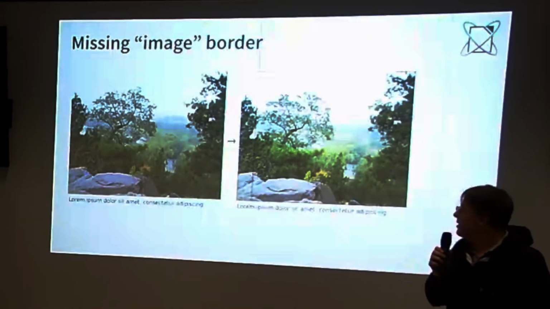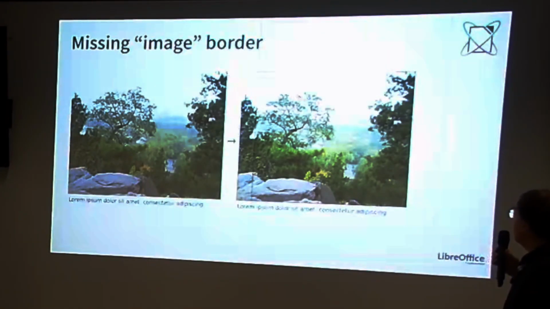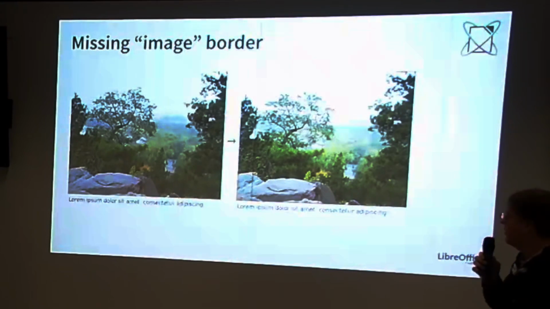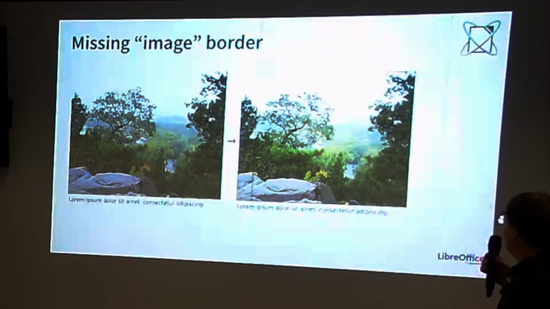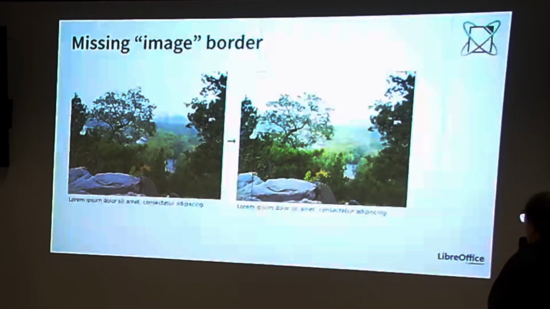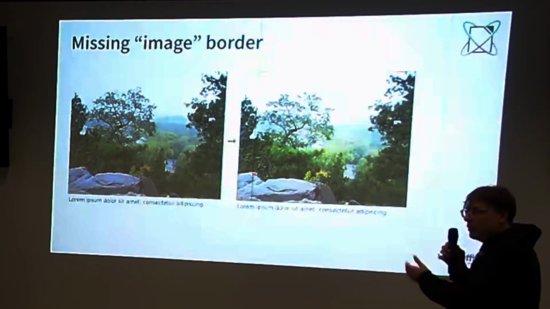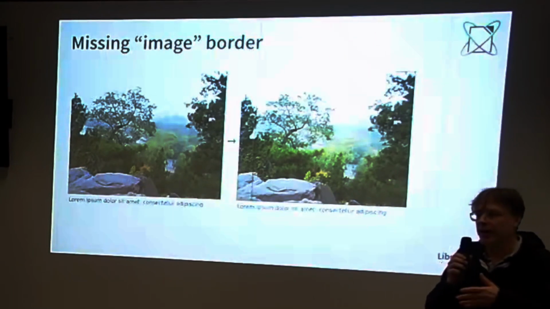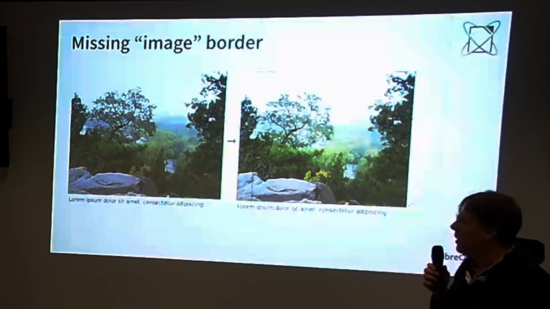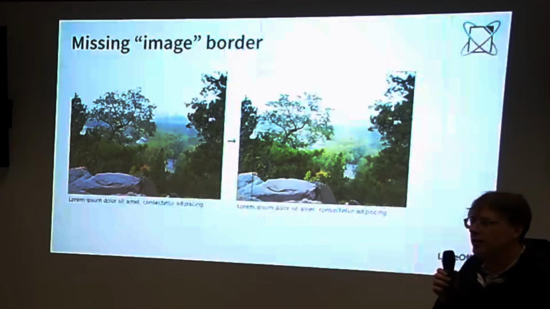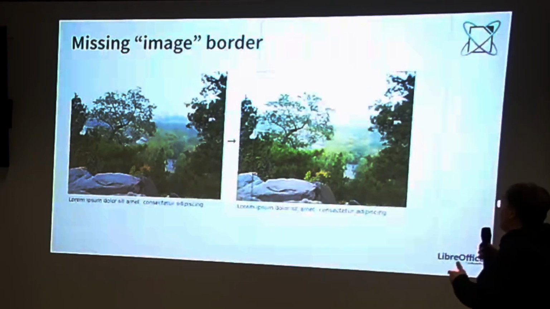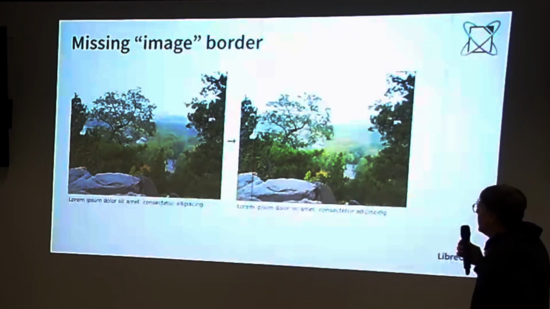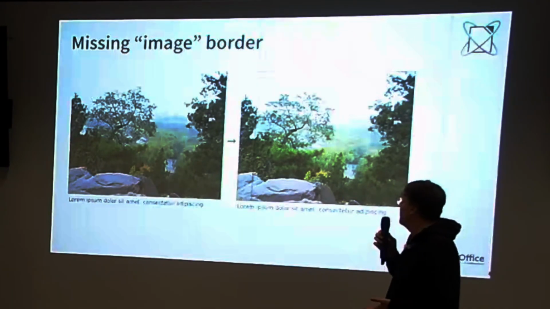The other problem was that there was no image border with this old method of image cropping by the table. Because in fact it's not about the image border, it's in fact a cell border. But somehow this cropped image hid the border of the table cell.